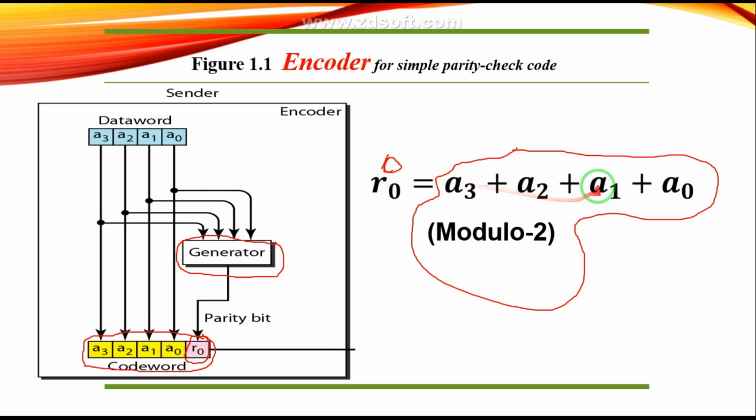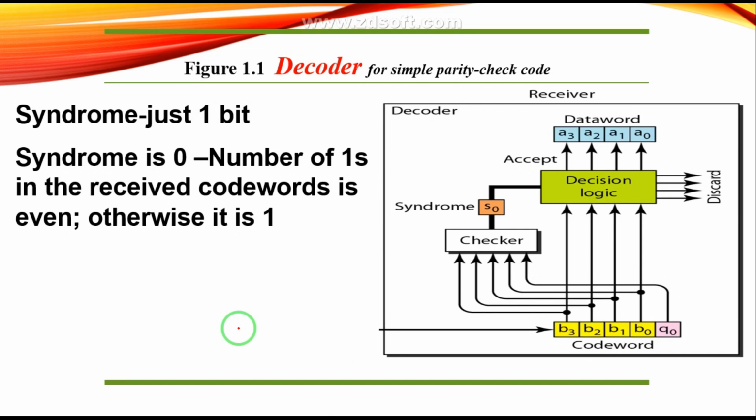If the number of ones is odd, then the result is 1. So in both cases, the total number of ones in the code word is even. Then the sender is going to send this code word to the decoder.